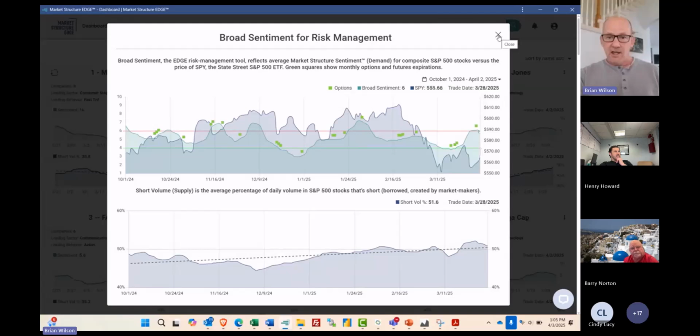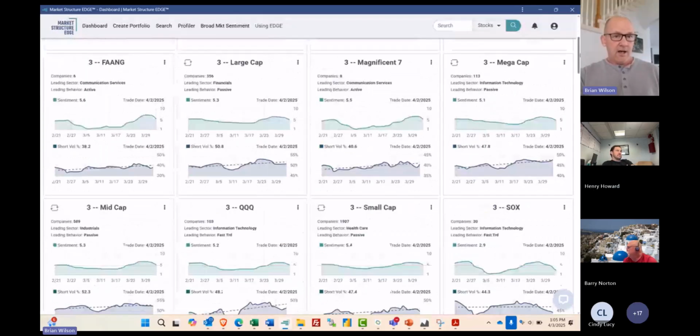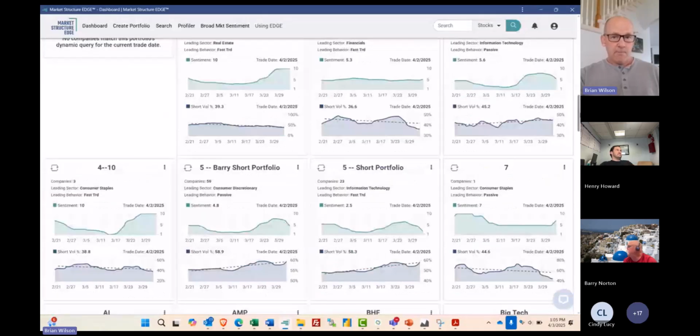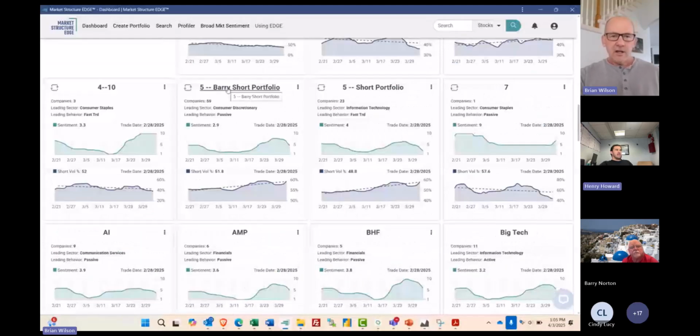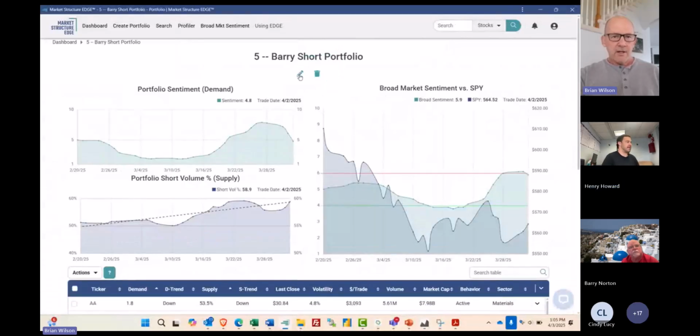Henry had mentioned today the short portfolio. And Barry, I have 2 different short portfolios. I have what I call my Barry short portfolio and regular short. I'll go ahead and share those with you here for just a second if you're interested, and if you want me to send over the parameters, I will.